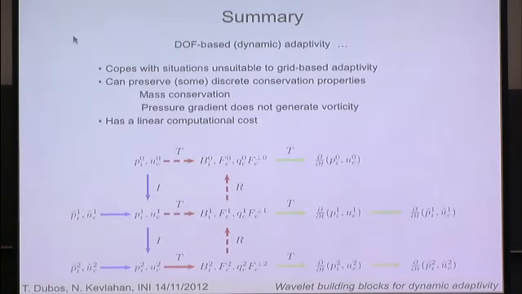And then adaptivity on this kind of mesh, it's probably better to think in terms of degrees of freedom, because the grid is not very helpful. So we can cope with situations where grid-based adaptivity doesn't work. We can still preserve some discrete conservation properties like mass and vorticity, and it's still linearly expensive.